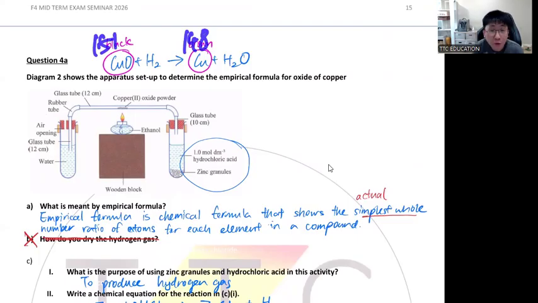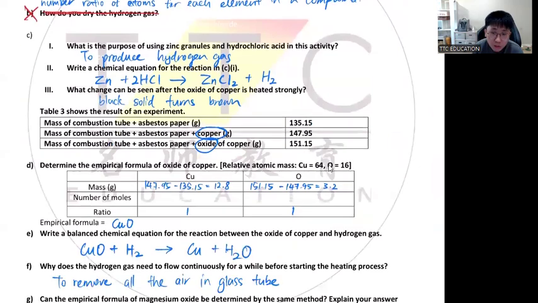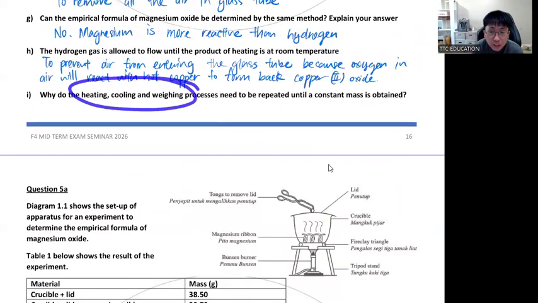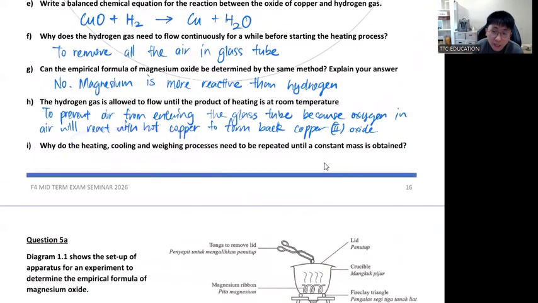What if you continue heating and it becomes 145? What if you continue and it becomes 144? How do you know? So you never know when the final mass is. The only way to know is by doing the heating, cooling, and weighing process repeatedly until a constant mass is obtained.